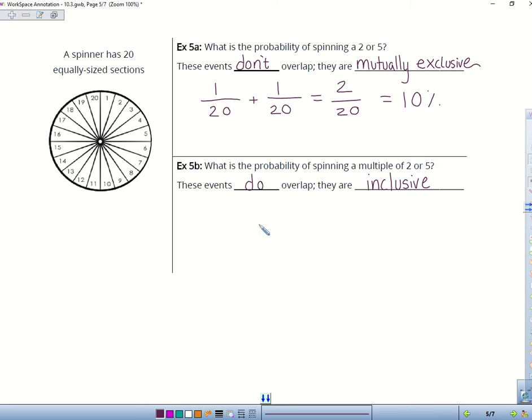So, what are the odds of just spinning a multiple of 2? Well, we got 2, 4, 6, 8, 10. So 10 out of 20. Now, we don't want to convert to percents right away, but yes, you were right. Plus, how many of those are multiples of 5? 4, because we got 5, 10, 15, and 20. And how many of those are multiples of both numbers?